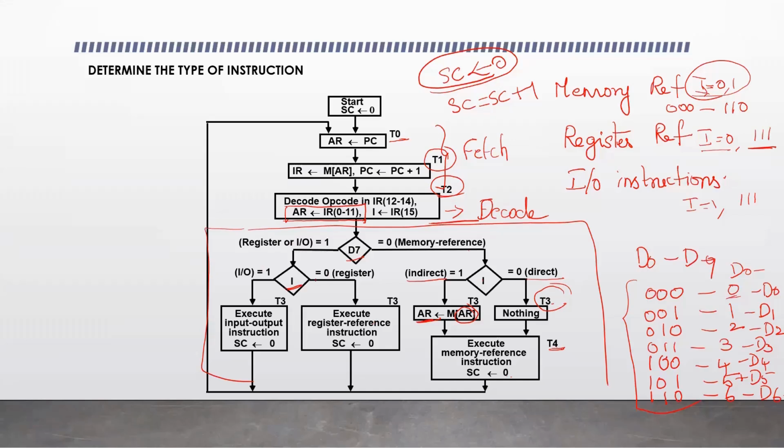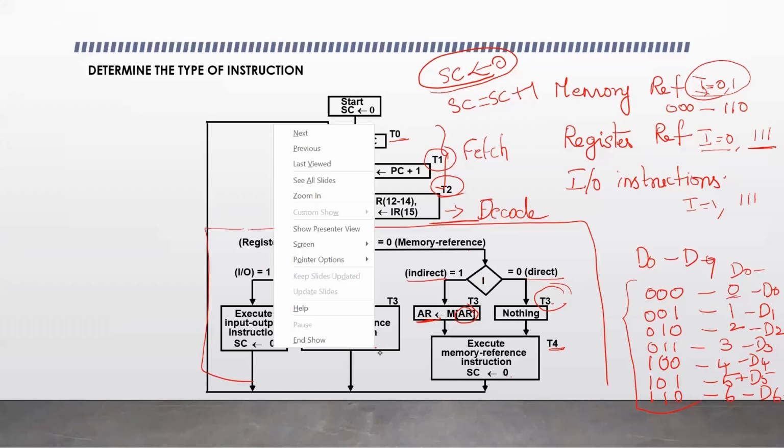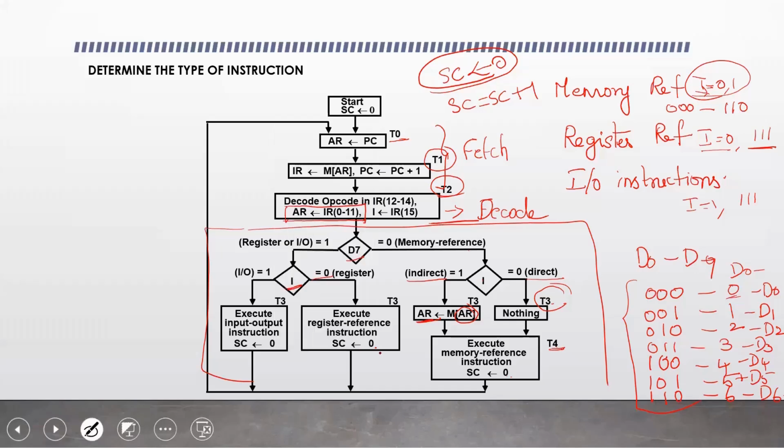So if it is 0, we execute the register reference instruction and clear the sequence counter to start from T0. And when the bit I is 1, it is an IO instruction. Execute the IO instruction and clear the sequence counter to 0.